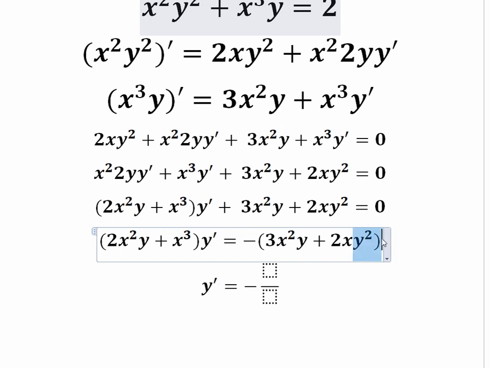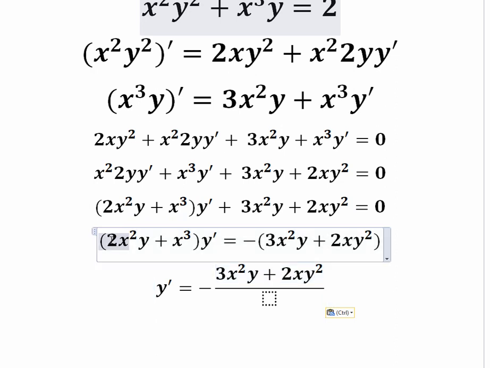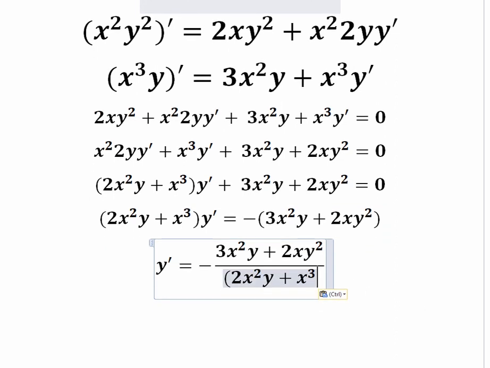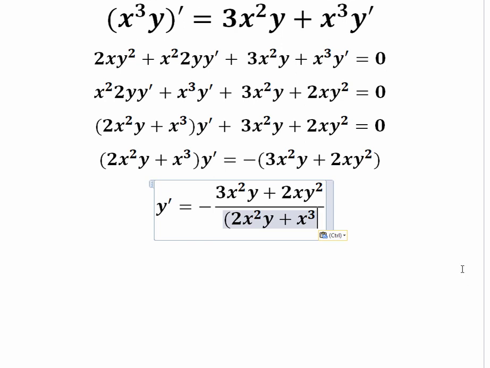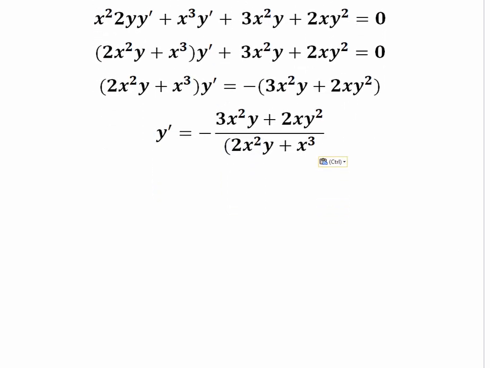I can write it like this because this negative sign is outside and this goes to the bottom. So that's the derivative of y with respect to x computed implicitly.